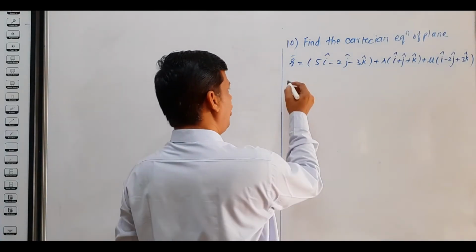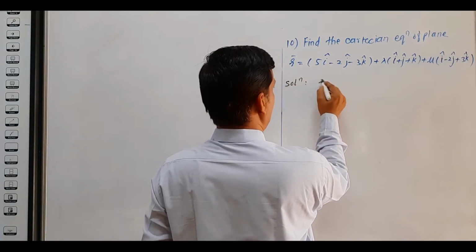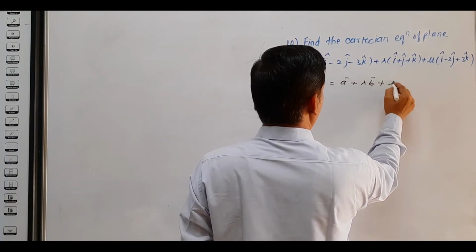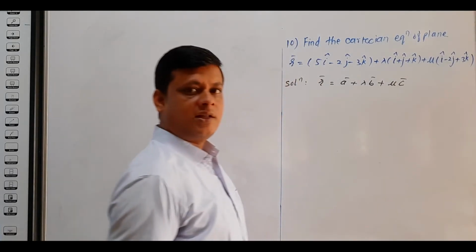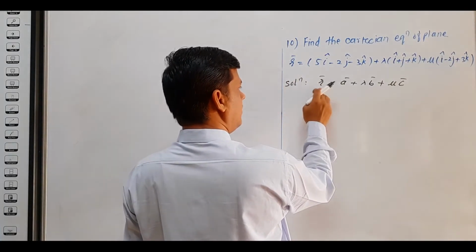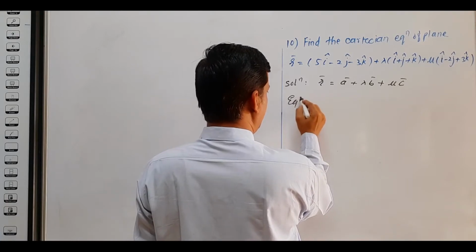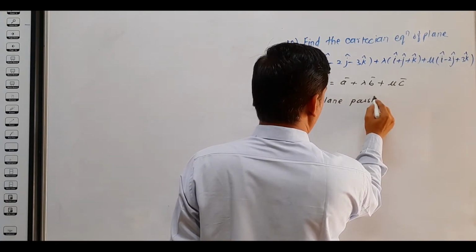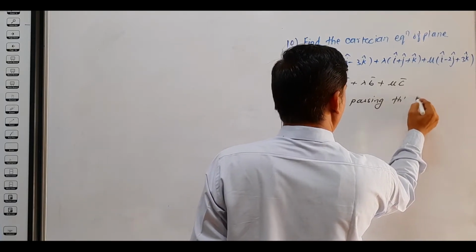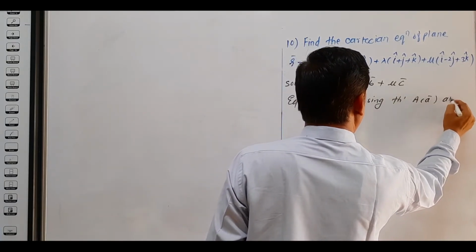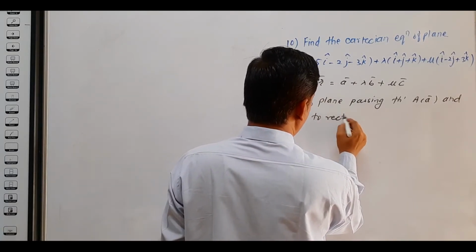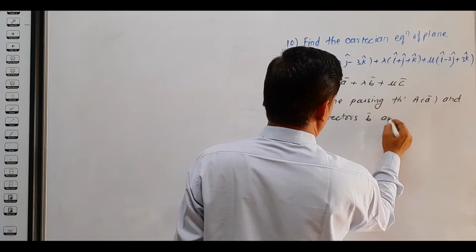So this is of the form R bar is equal to A bar plus lambda into B bar plus mu into C bar. That means this is the equation of a plane passing through A of A bar and parallel to vectors B bar and C bar.